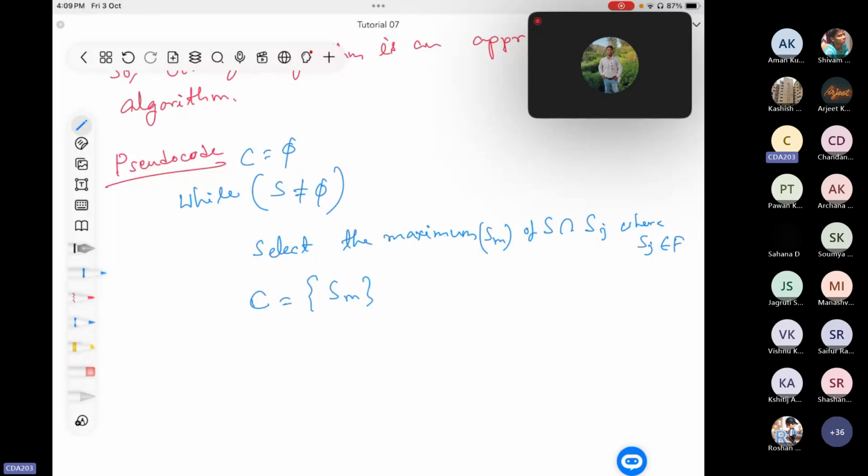We include SM in C, C union SM, and then we update S to be S minus SM. So this is roughly the pseudocode.